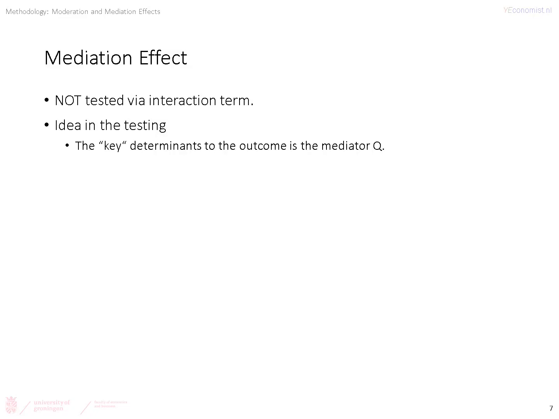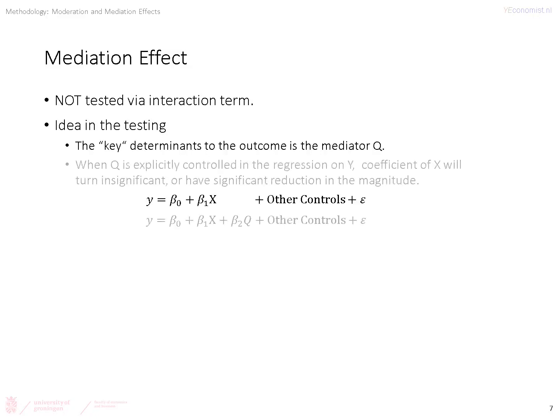When we only include variable x in the regression, then the beta 1 you obtain captures also the indirect mediation effect due to q. But when we explicitly include also the mediator q in the regression, then the beta 1 you obtain from the second regression equation will no longer have the mediation effect.